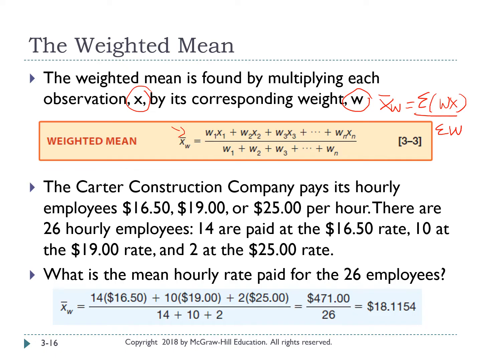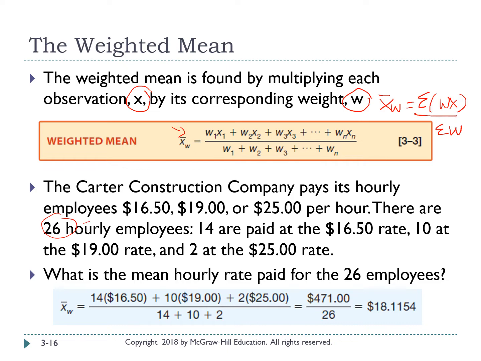So let's look at an example on how to understand this weighted mean. Okay, so Carter Construction Company pays its hourly employees $16.5, $19, and $25 per hour. There are actually 26 hourly employees. So what is 26 employees here?